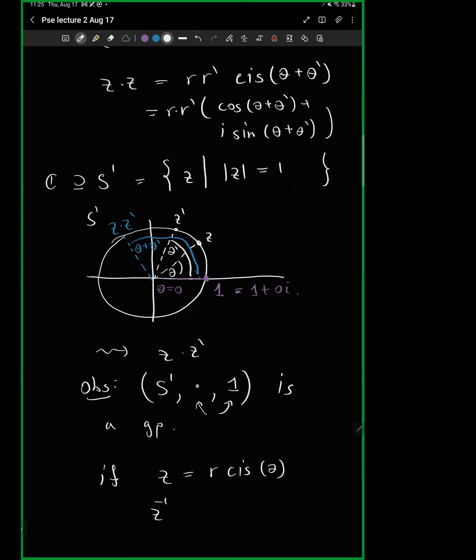Here z is equal to r kis theta, but r is equal to 1, so I just delete r. Can anybody say what is z minus 1? Is it negative theta? Yes, but what is negative theta?